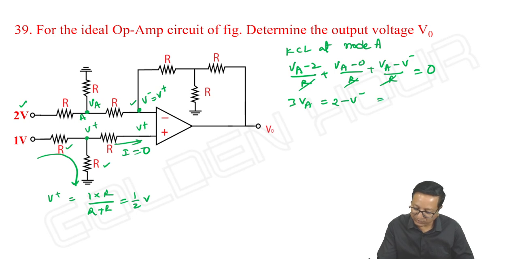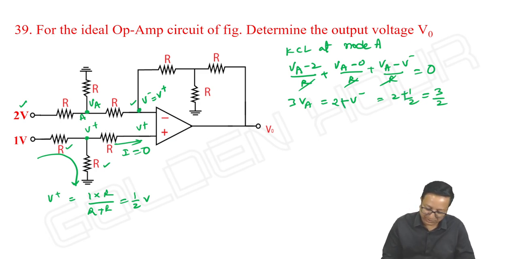What is V minus, friends? It is 2 plus 1 by 2. Sorry, it is a plus. So it is 5 by 2. So VA is equal to 5 by 6 volts.